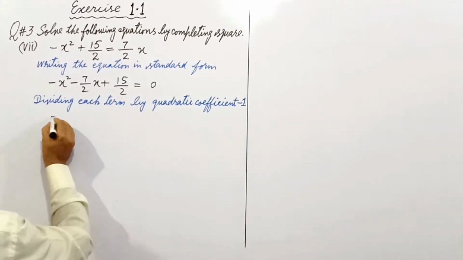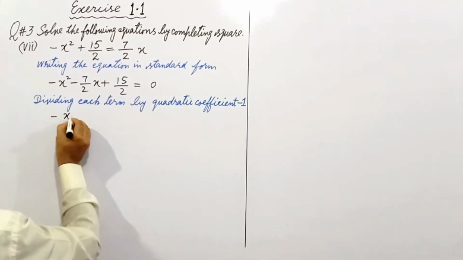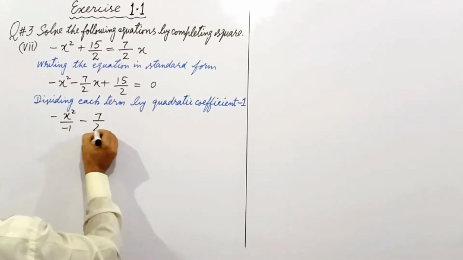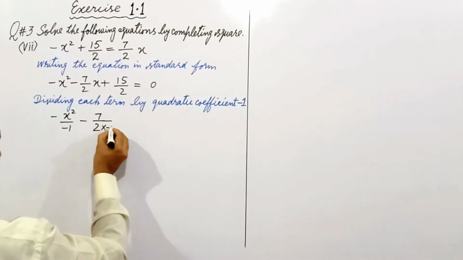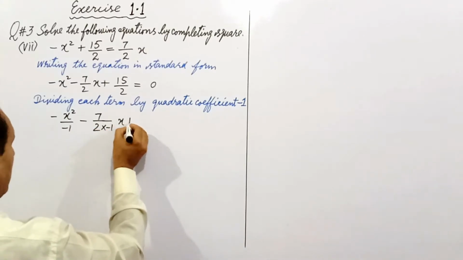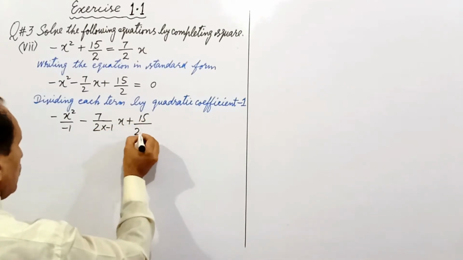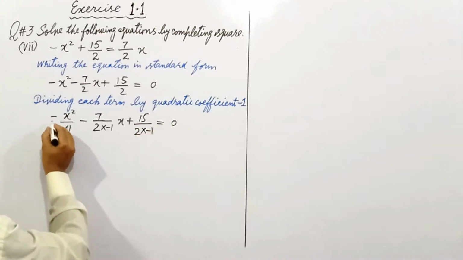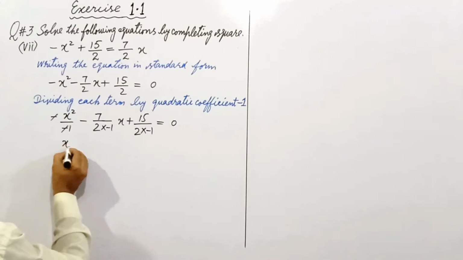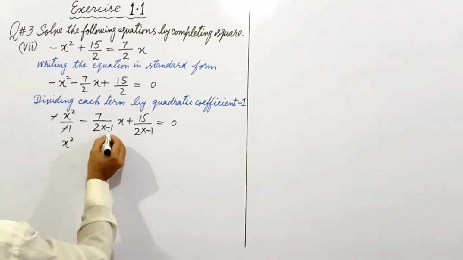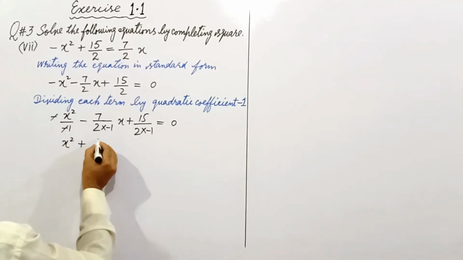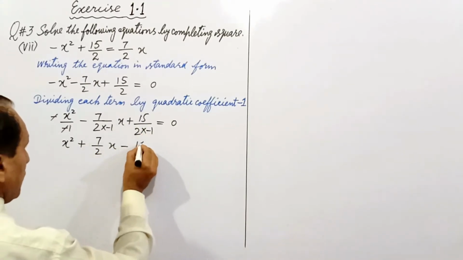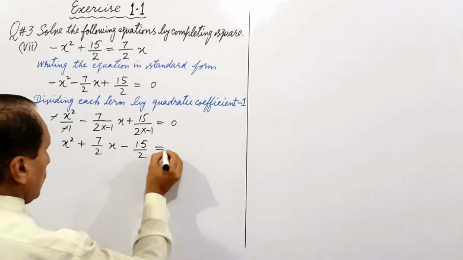We have minus x square over minus 1 minus 7 over 2x over minus 1 plus 15 over 2 divided by minus 1 equal to 0. That minus 1 is cancelled by minus. We have x square plus 7 over 2x minus 15 over 2 equal to 0.